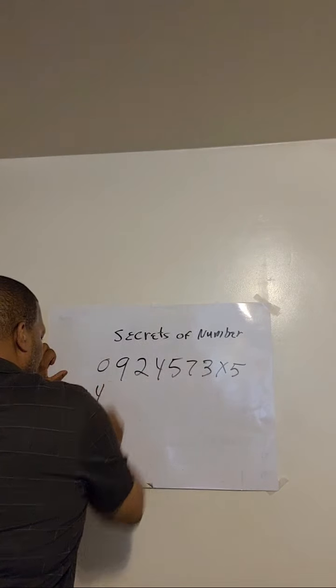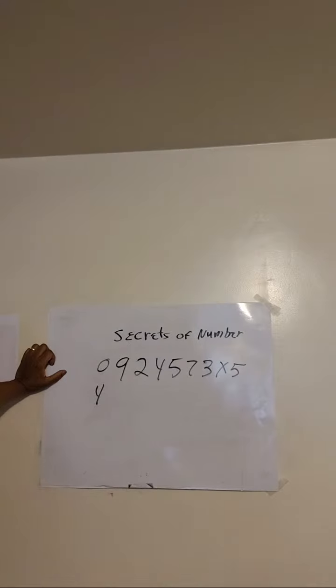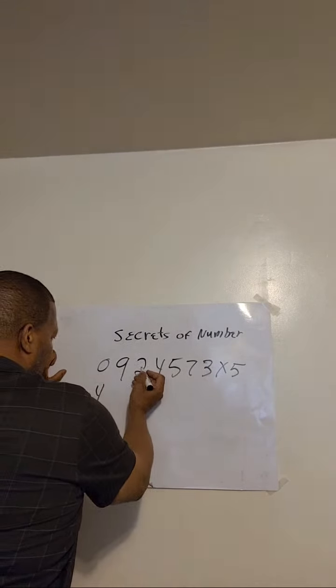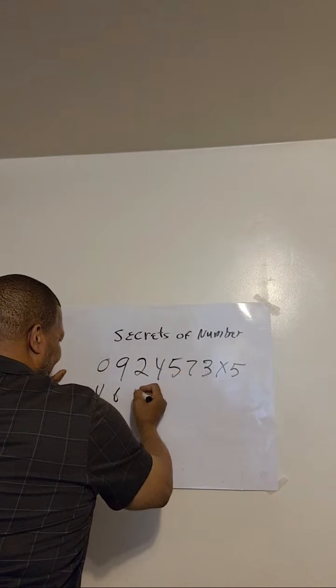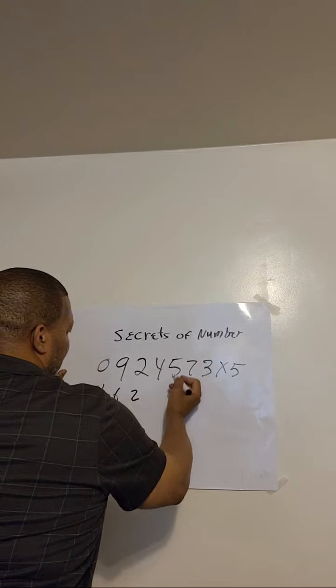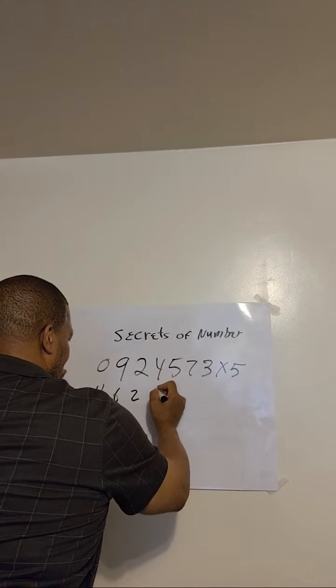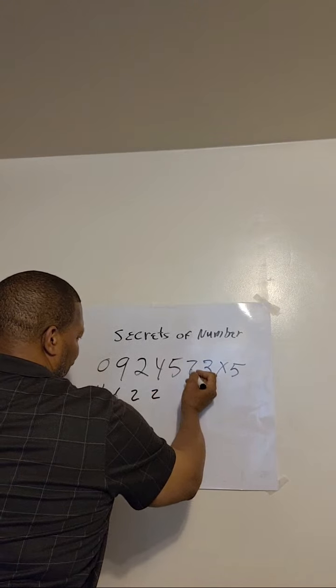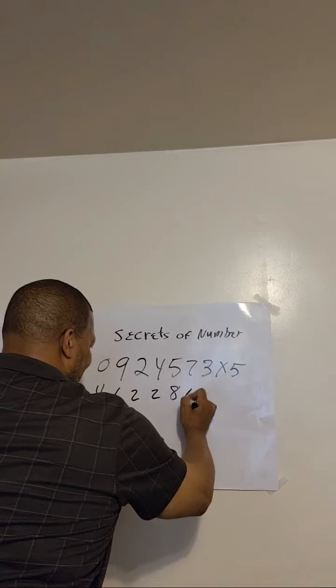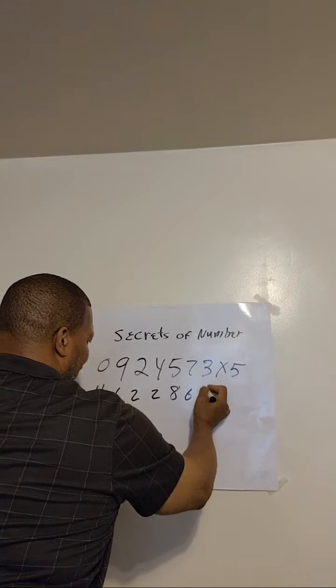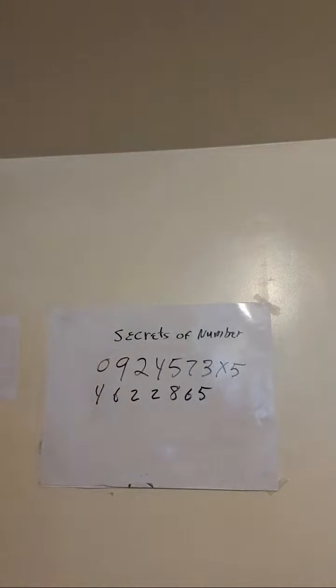Put it right here. Okay? 4 to 0 is 4. We go 1 to 5 is 6. We go 2 to 0 is 2. We go 2 to 0 is 2. We go 3 to 5 is 8. We go 1 to 5 is 6. It's odd, it ends in the 5, and we're done. That's how you do it, okay?